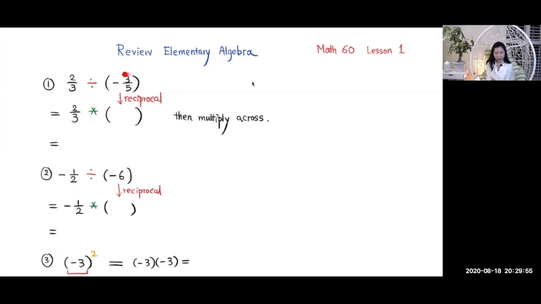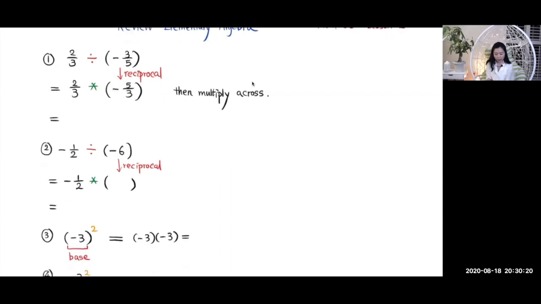What do I mean by reciprocal? The numerator and denominator switch. The sign is not going to change, so it's still negative. So the reciprocal of this is -5/3.